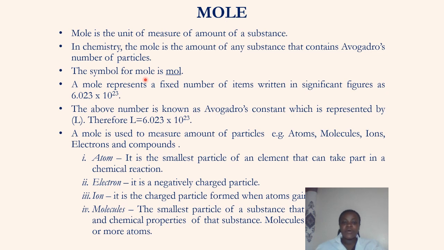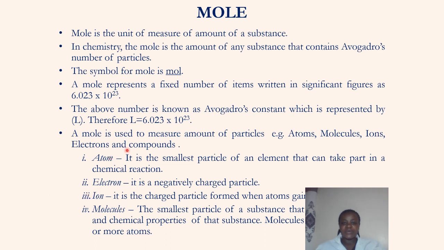The symbol for mole is mol, and a mole represents a fixed number of items written in significant figures as 6.023 times 10 raised to the power 23. So that is the Avogadro's number.